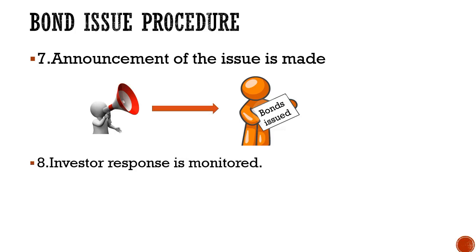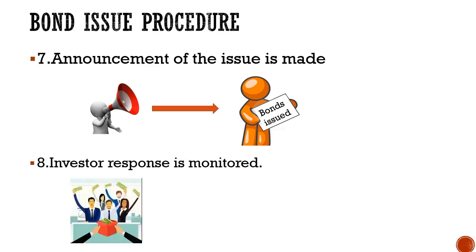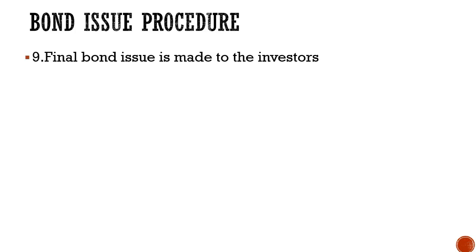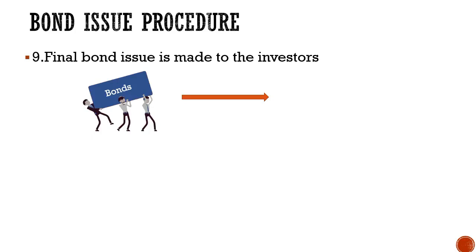Next, the investors' response is monitored. After the announcement of the issue, the company and the issue manager will monitor the responses of the investors. Next, after getting the money from the investors, the final bond issue is made.